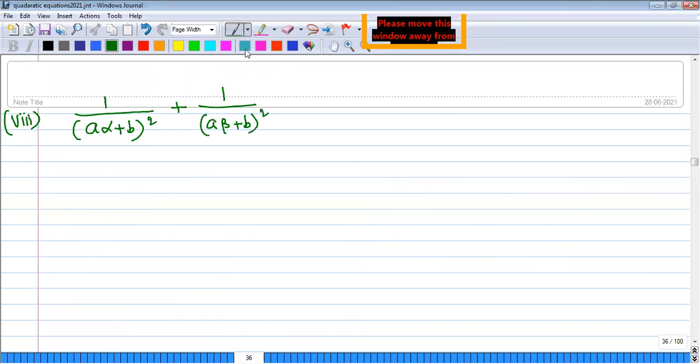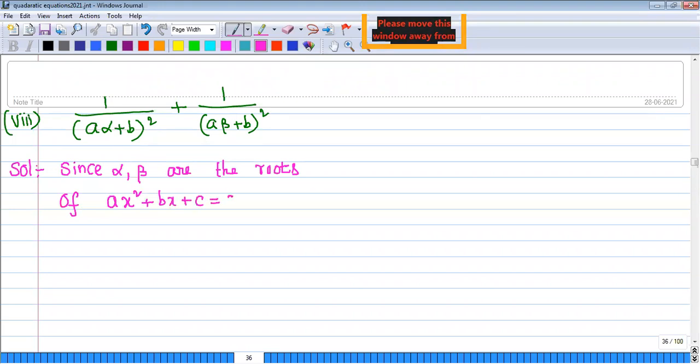To solve this question, since alpha and beta are the roots of ax square plus bx plus c equals 0.